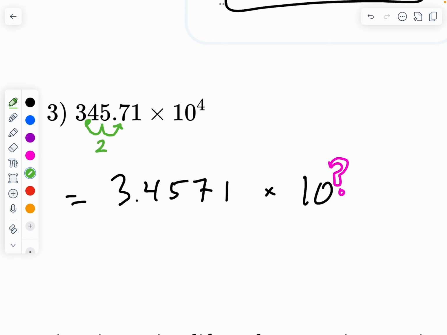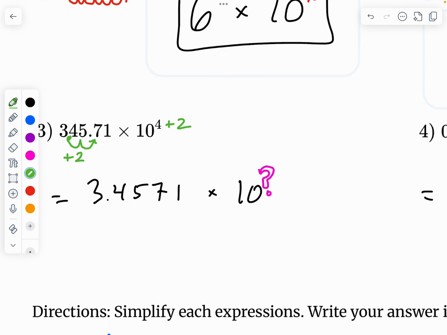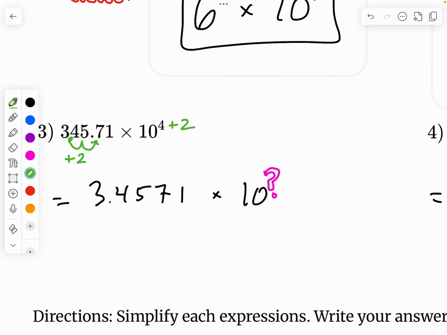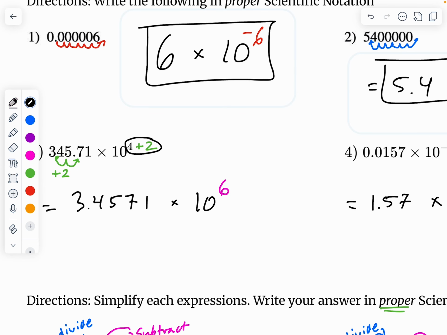It is 2 to the right. That means I'm going to add 2, and that means my final answer is simply whatever 4 plus 2 is. Now, what is 4 plus 2? Easiest question of the day, right? 4 plus 2 will give us 6, and that's the correct answer. Yes, that's the correct answer.